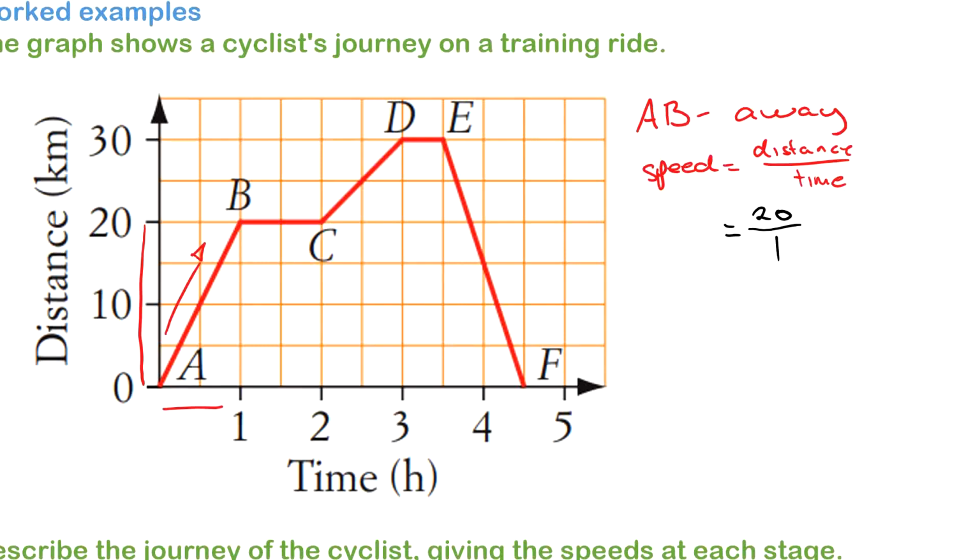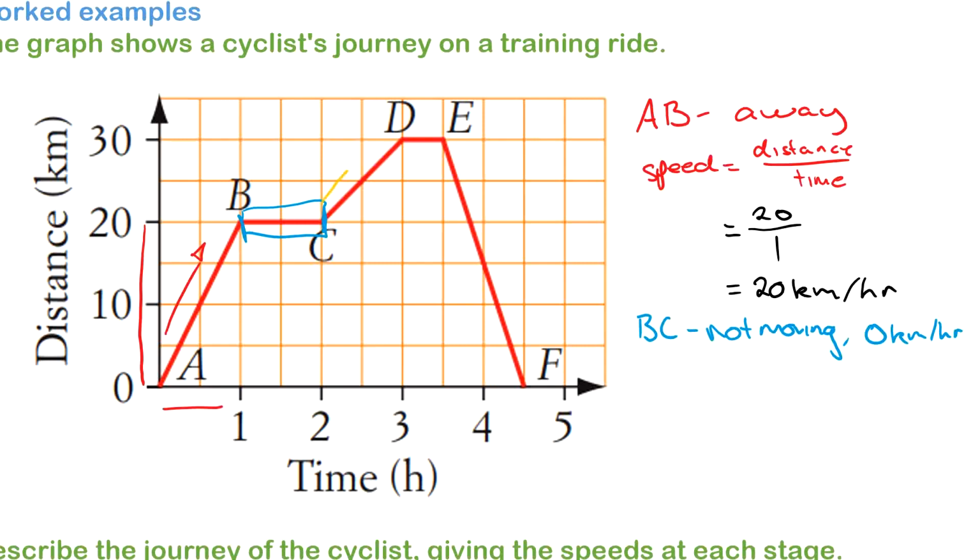So 20 over 1, so 20 kilometers per hour. Now, if I look at what's going on between B and C, in this section we have a flat line. So B to C is flat, which means we're not moving. And if we're not moving, the speed is going to be 0 kilometers per hour.